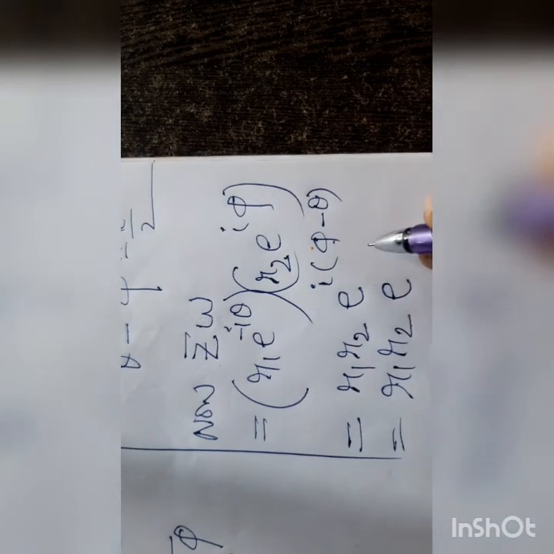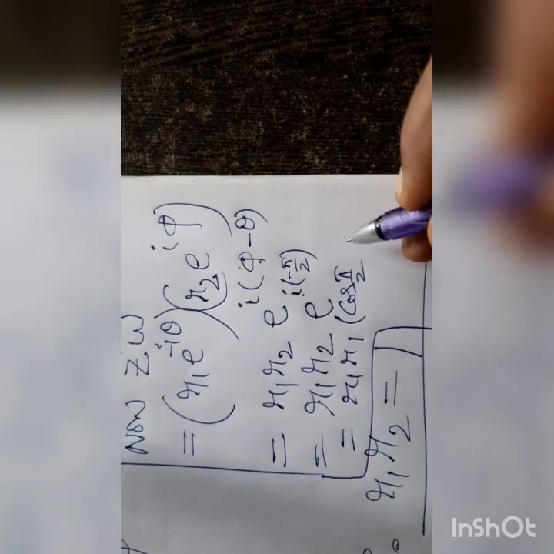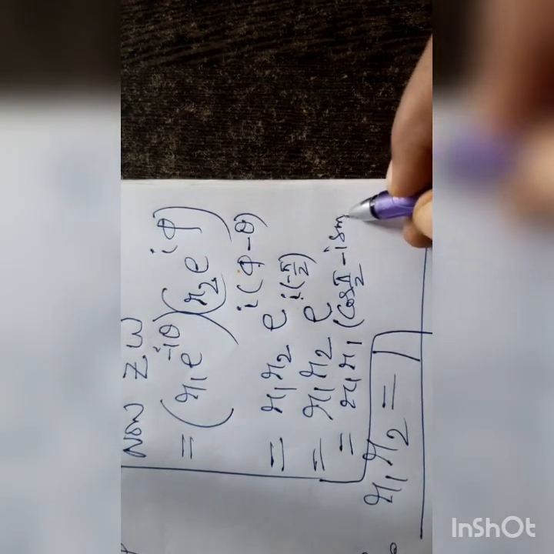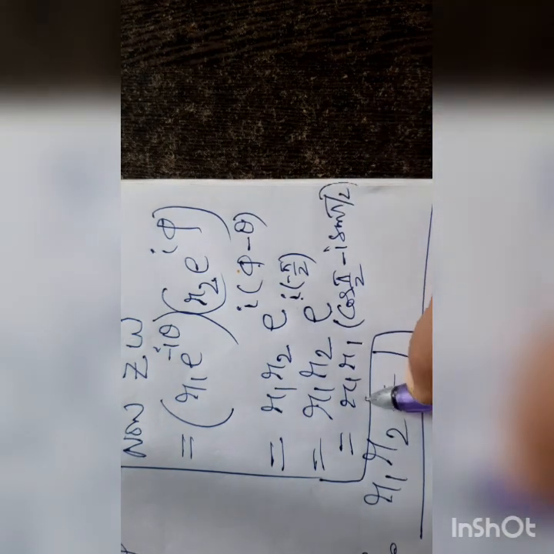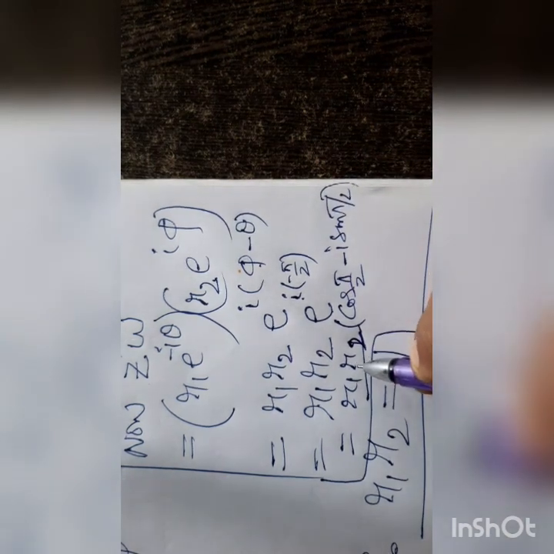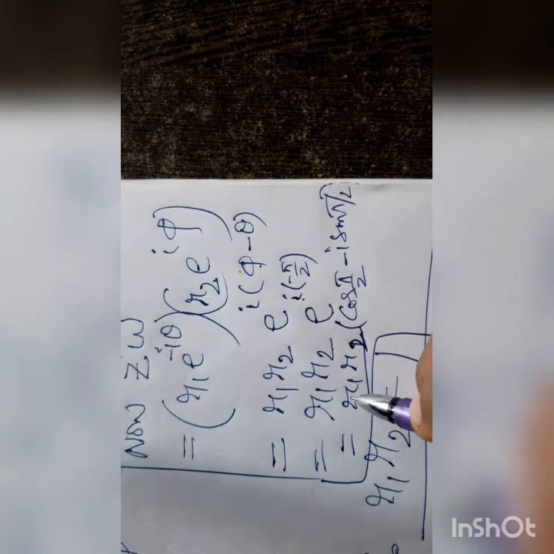So here, i times minus pi by 2. So this is r1 r2 e power minus i pi by 2, which means cos pi by 2 minus i sin pi by 2. What is r1 r2?